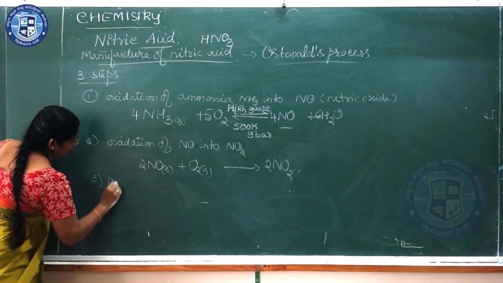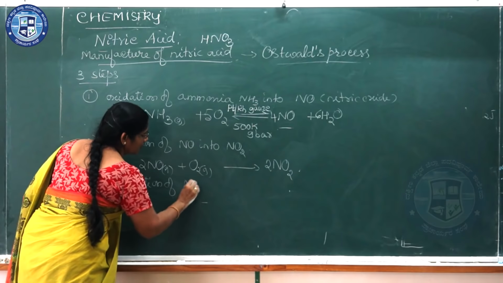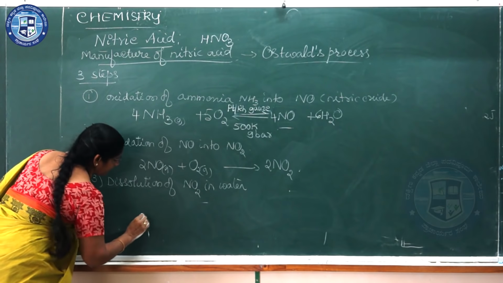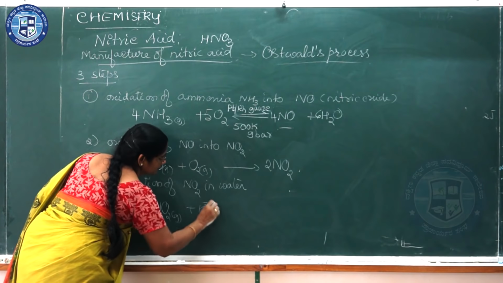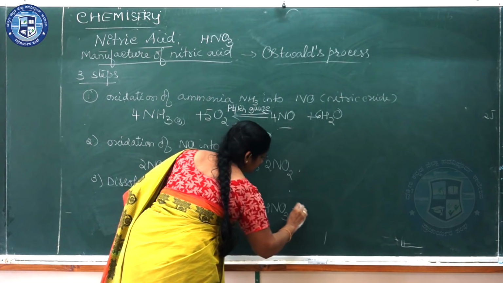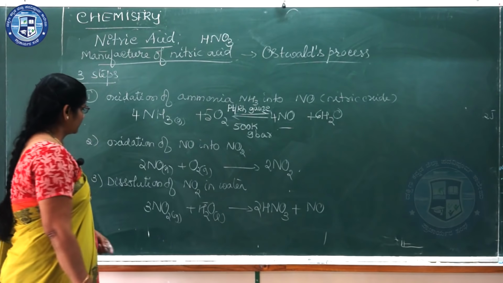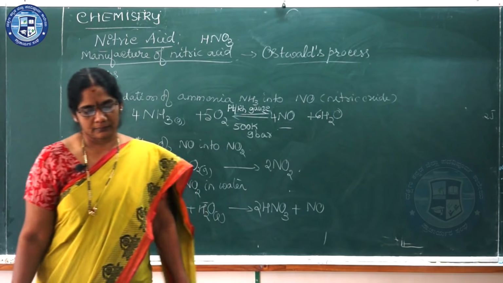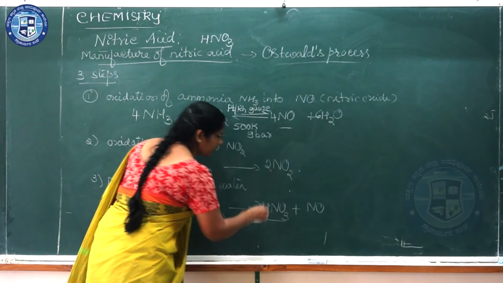Next, dissolving nitrogen dioxide in water will give you nitric acid. So the nitrogen dioxide dissolves in water to give nitric acid.